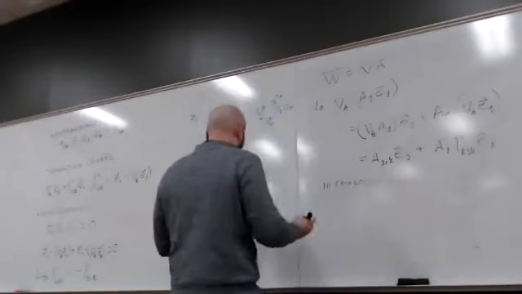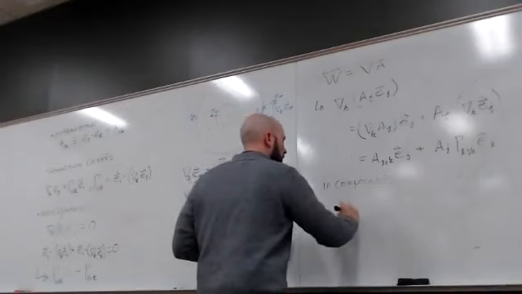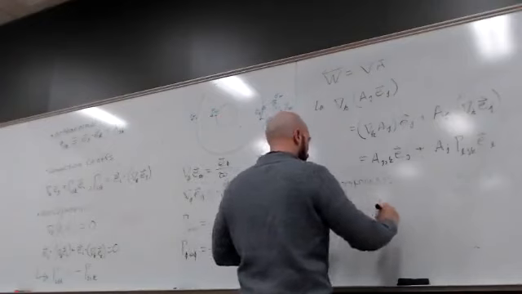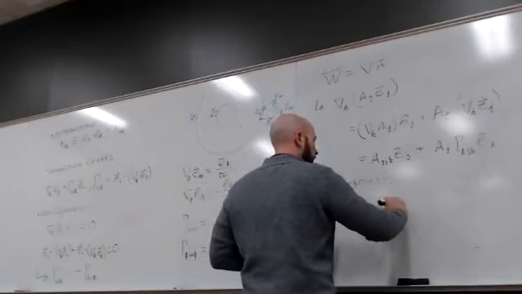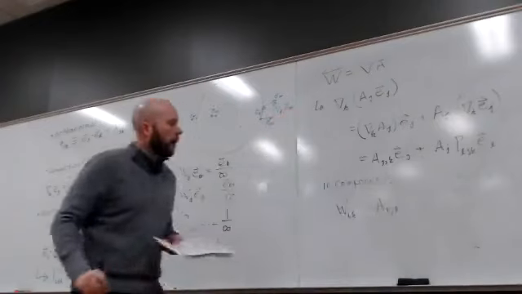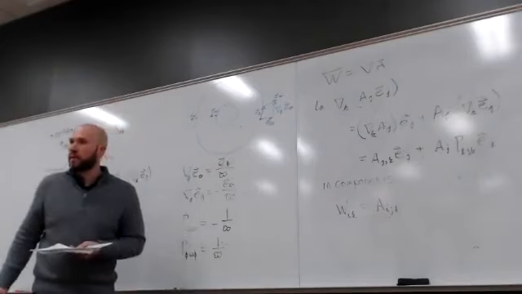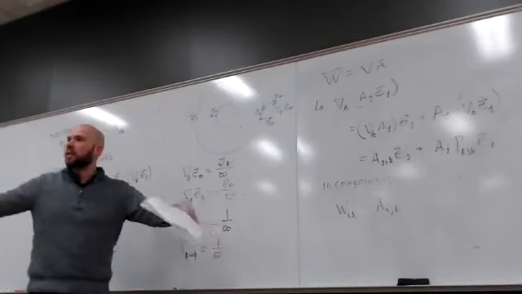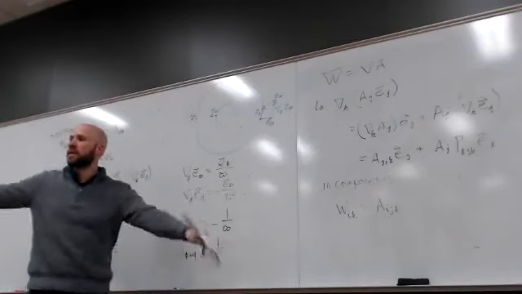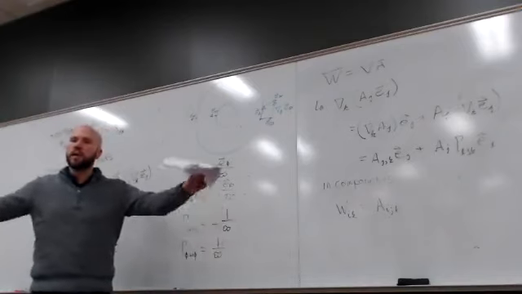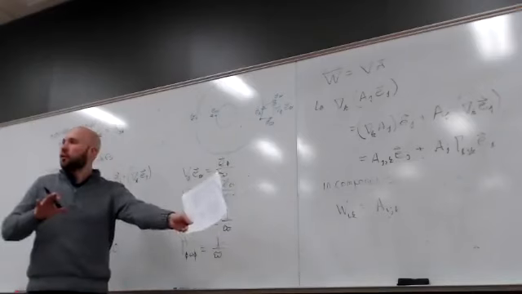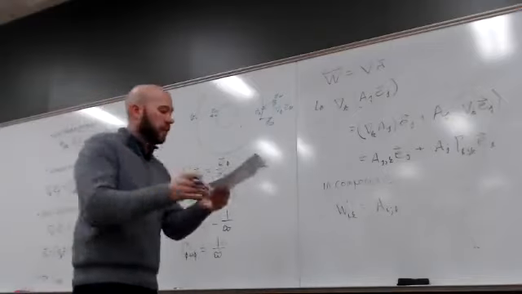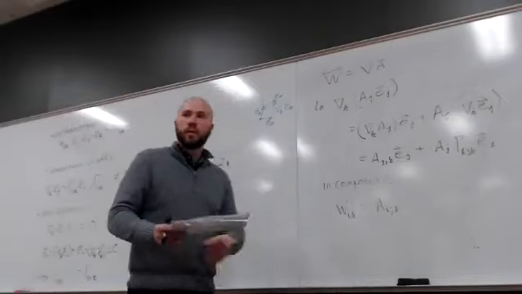Or in components, my tensor W_ik is going to be equal to A^i semicolon K, where now I am defining that as the full gradient, right? You remember before when we were in Cartesian Euclidean space, we didn't really make a distinction between the commas and the semicolon. They're the same thing. But now when you go to completely general bases, there is a difference between a comma derivative and a semicolon derivative. The semicolon is the full gradient.